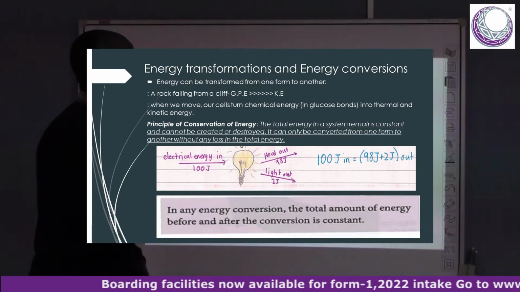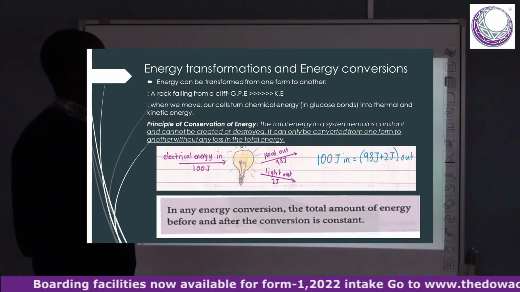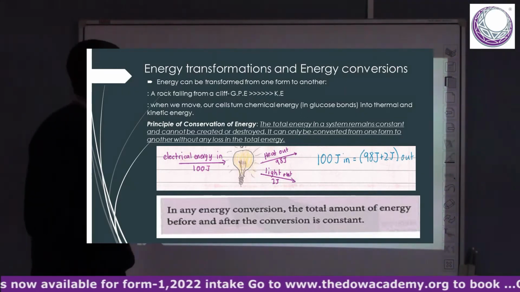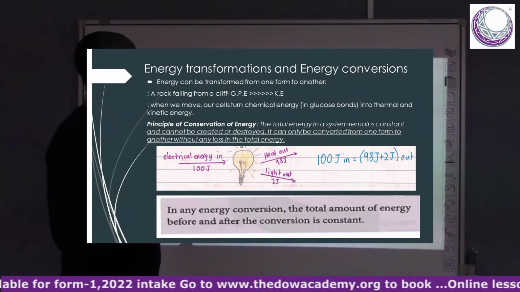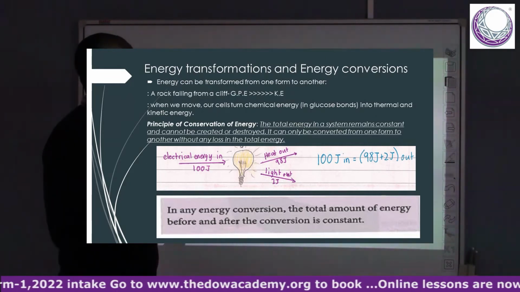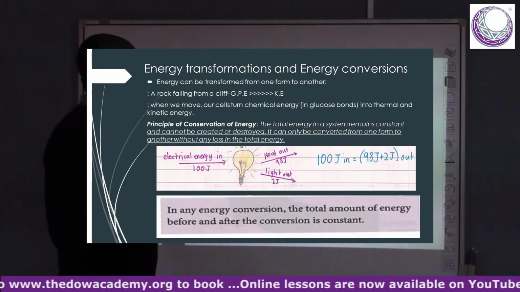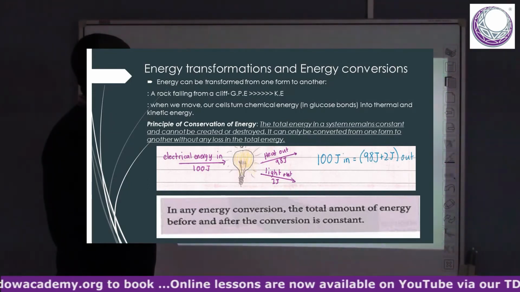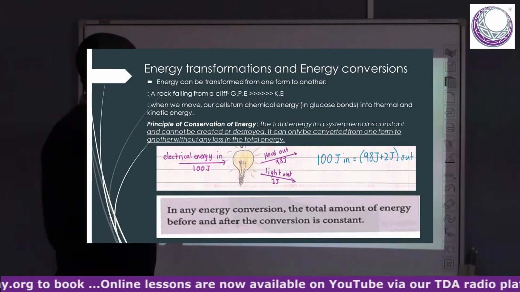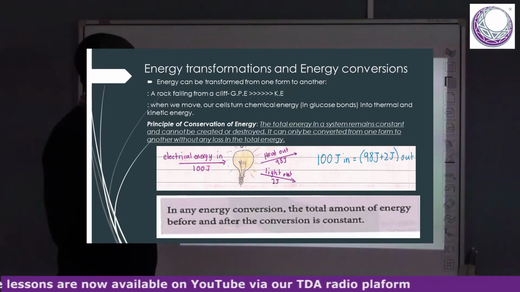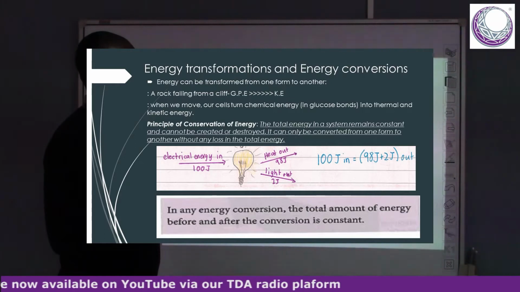To energy transformations and energy conversions. We are saying energy can be transformed from one form to another. For example, here we have a rock falling from a cliff. The rock was on top of the cliff, and now it is falling.